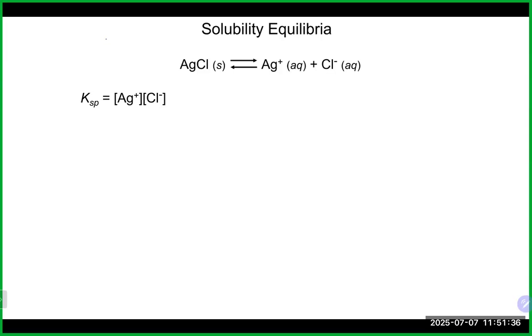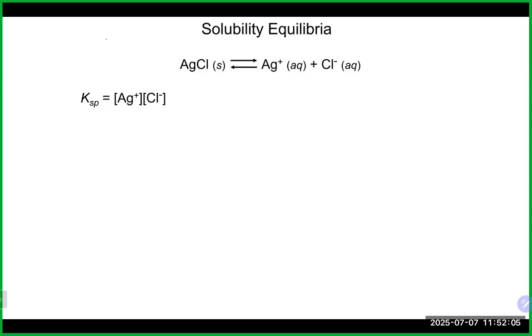Now, one of the things that we maybe don't learn so much in the first semester in terms of solubility is the idea that sometimes we think of solubility rules as being perfect, and it always happens in that case. But there are a lot of things that can affect the solubility of something. There are a lot of factors that play into whether or not you'll actually see, for example, the solid form or not, even if the solubility rules say you should see a solid.